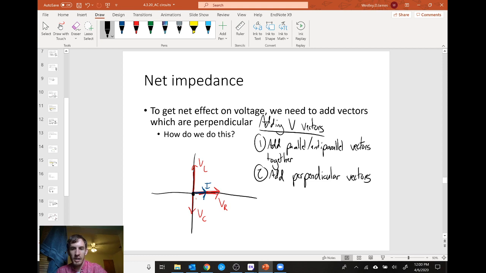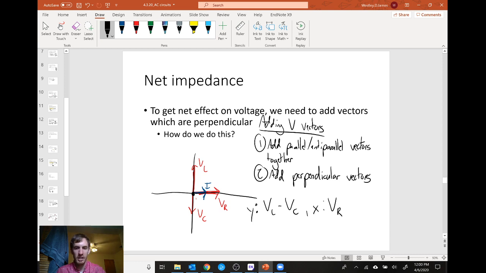Let's add our parallel and anti-parallel vectors. So our ones here, we can add VL minus VC. We imagine those are like in the Y component. Okay? And then our X component is just VR. If we think of this in X and Y, they're not X and Y, but we're just going to use that notation because it's easy to add vectors. Okay? So how do we add these two together then?